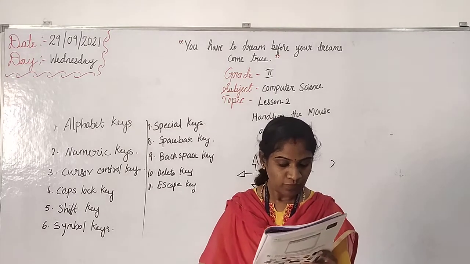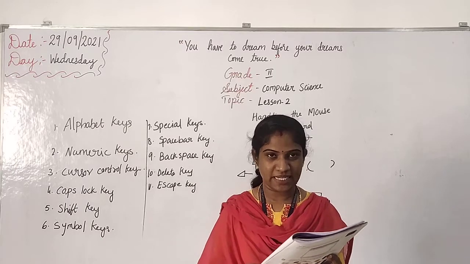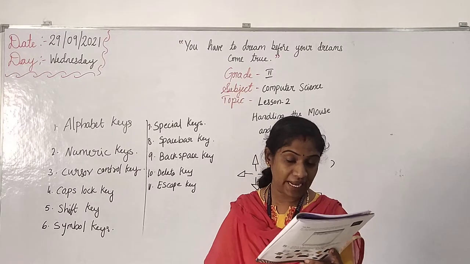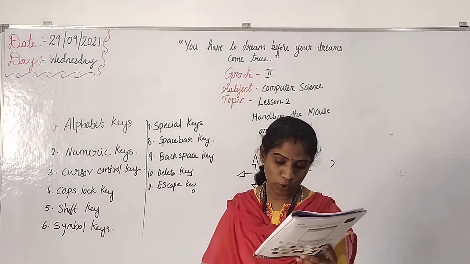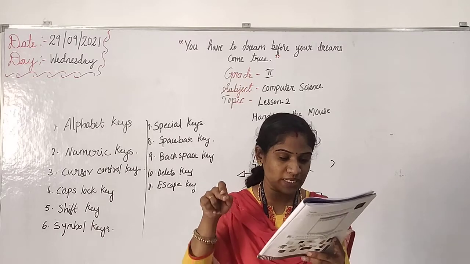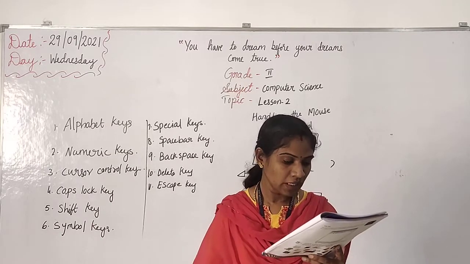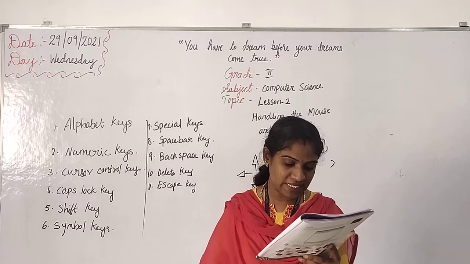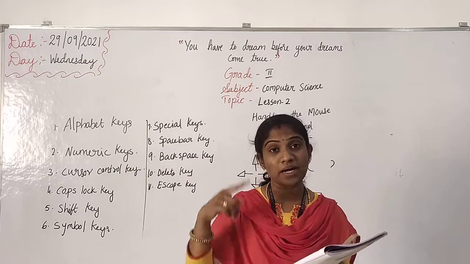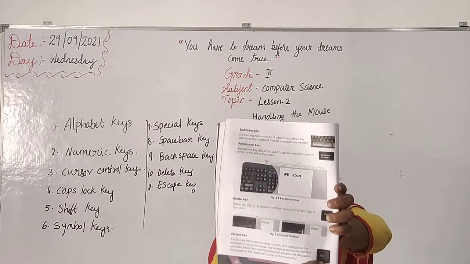For example, if you have clicked the notepad button by mistake, just press the escape key and the notepad window will disappear. It is present in the upper left corner of the keyboard. This is the escape key.